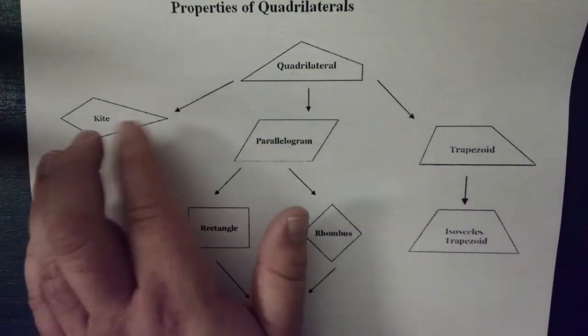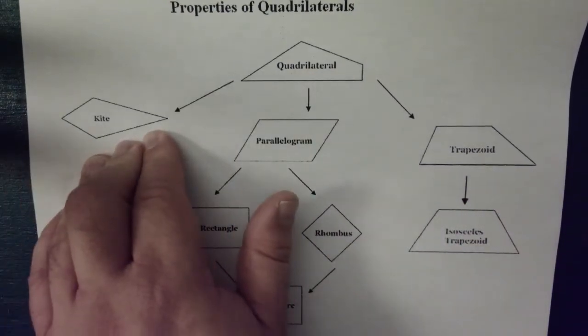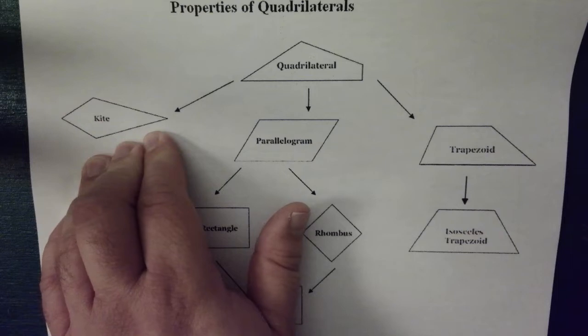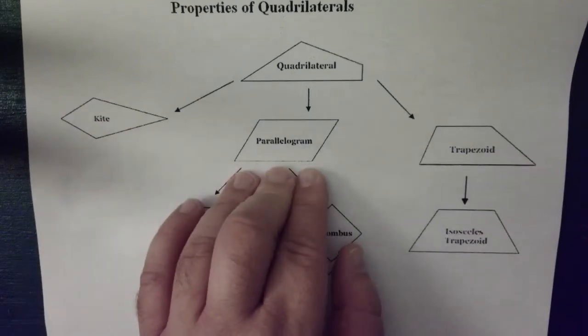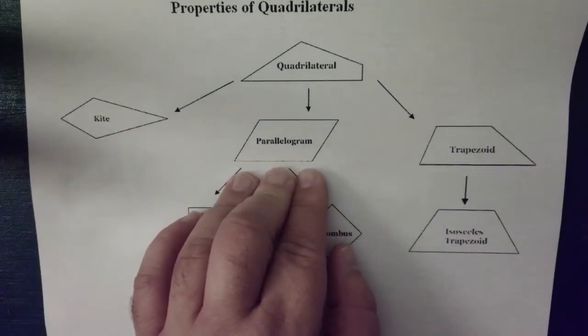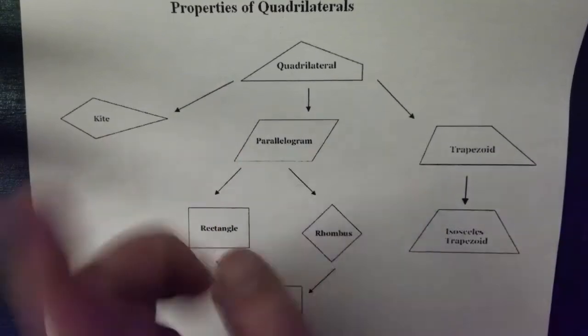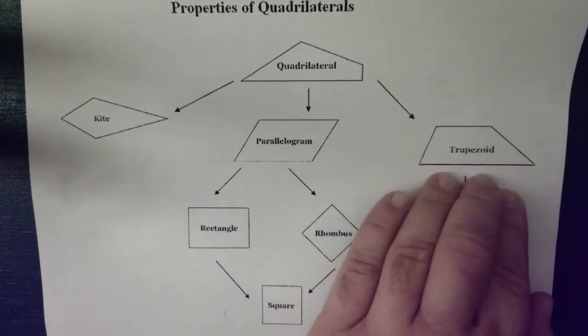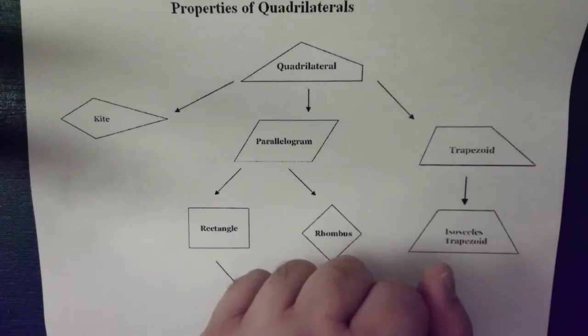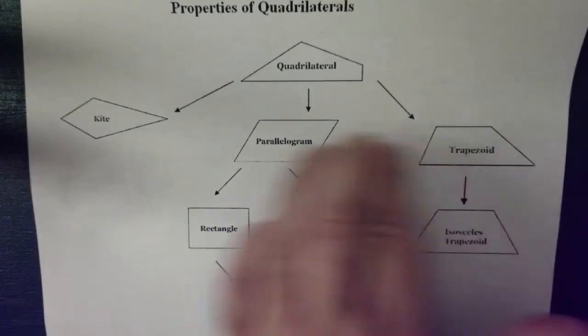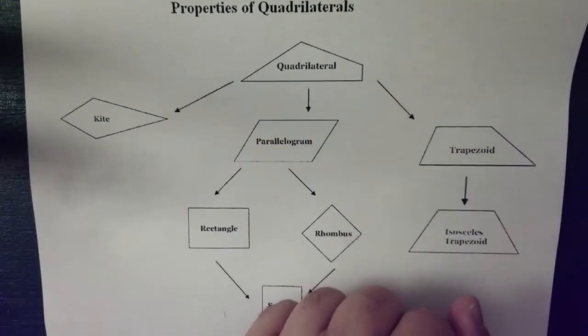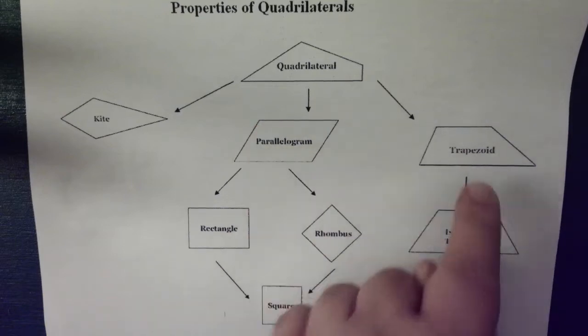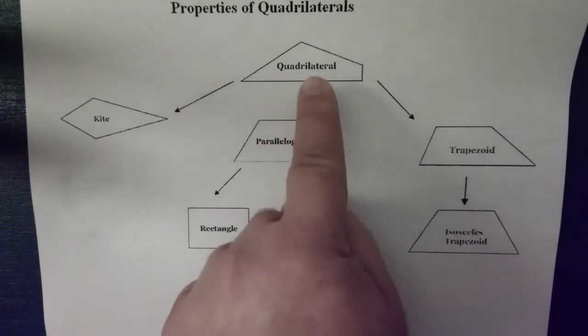There's Kite, and this one has its own properties, its own specialness. The parallelogram has its own properties that the Kite doesn't have. And the trapezoid has its own properties that neither the Kite nor the parallelogram have. All three of these have something that makes them special, but all three of them are quadrilaterals.